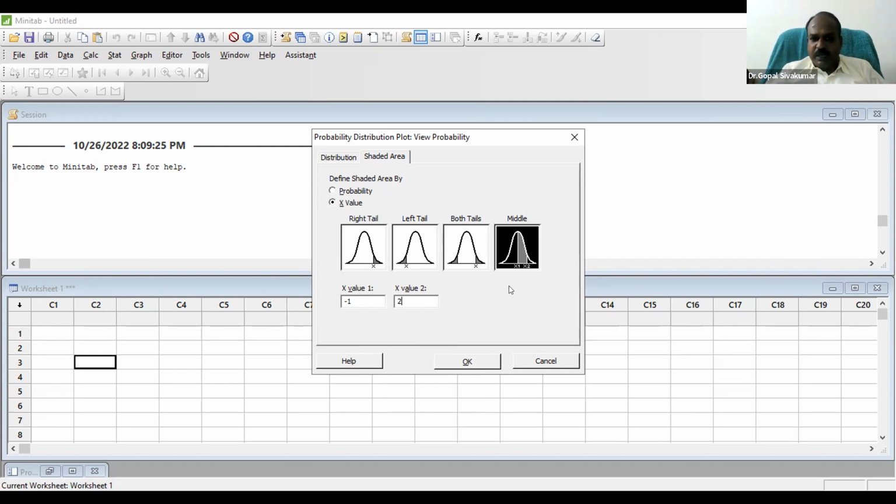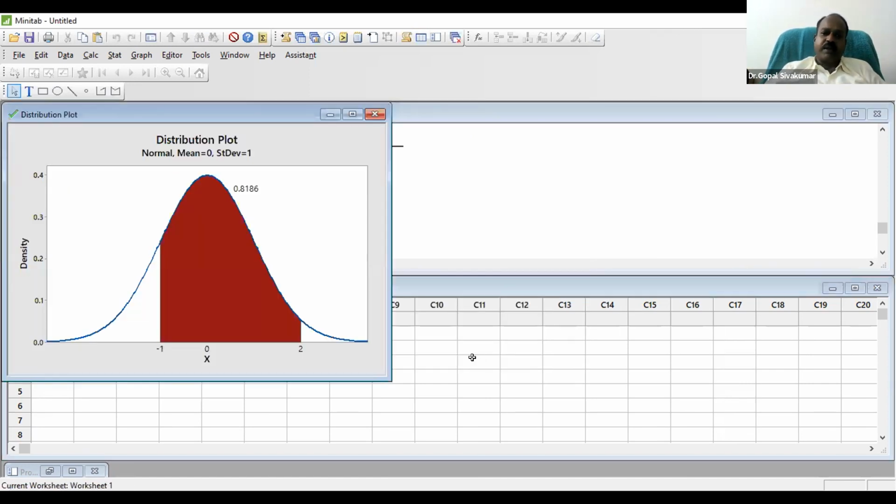Now when I give these values, Minitab will calculate the gray area. Can all of you see the gray area here? Yes. Gray area is the area between -1 and +2, which is nothing but probability. If I give OK, the job is done for you. I have given. What is the probability now? Can all of you read and confirm?